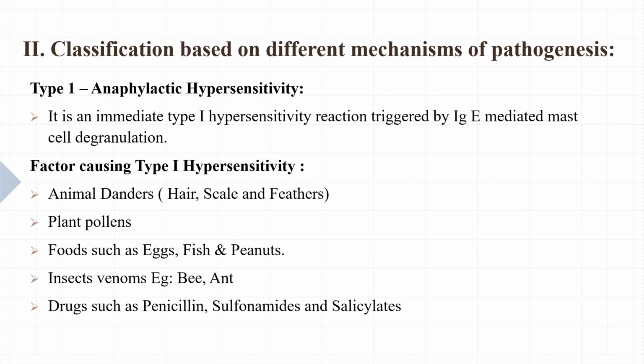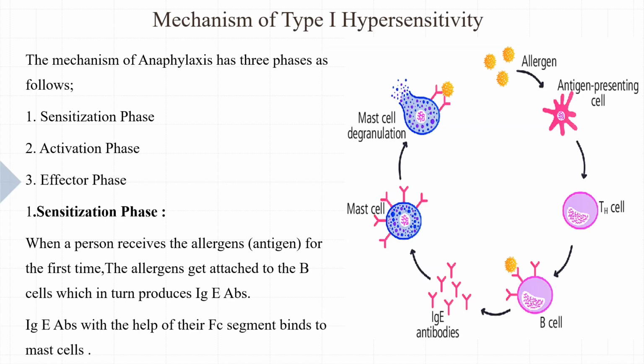The mechanism of type 1 hypersensitivity can be explained in three phases: the sensitization phase, the activation phase and the effector phase. The main reason for type 1 hypersensitivity is IgE. In the sensitization phase, when a person receives the allergen, which means the antigen, for the first time, the allergen gets attached to the B cells.